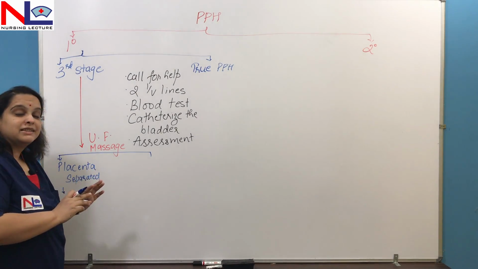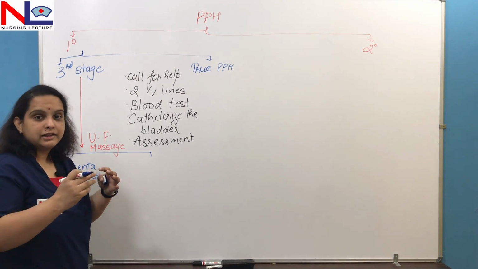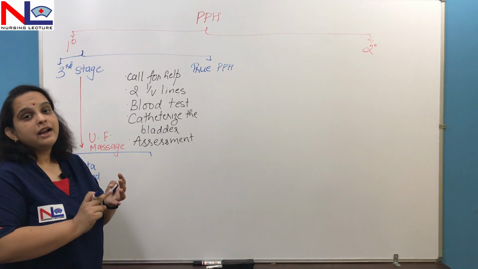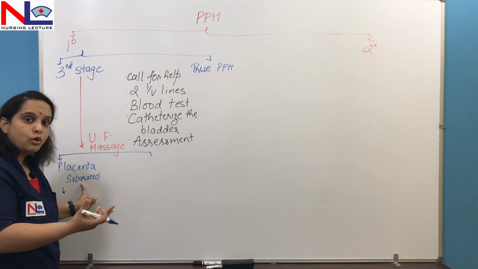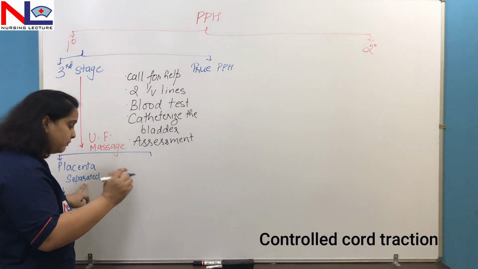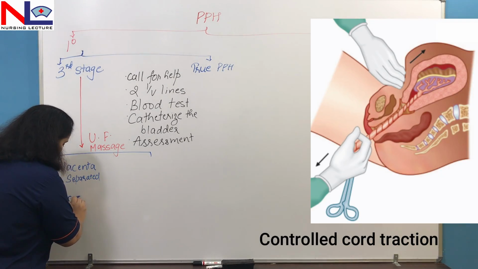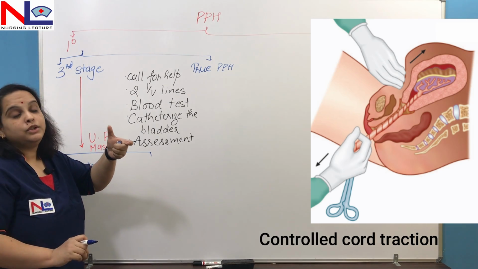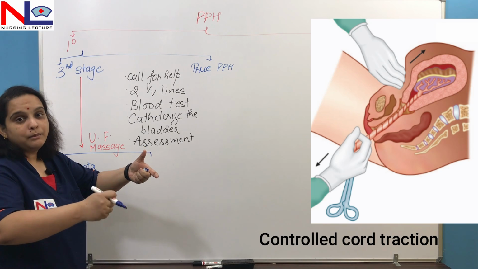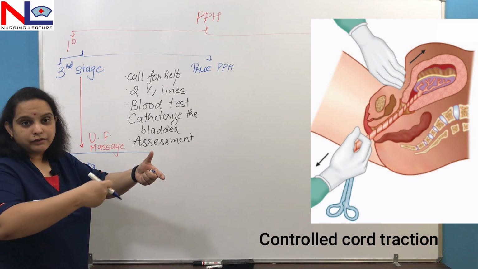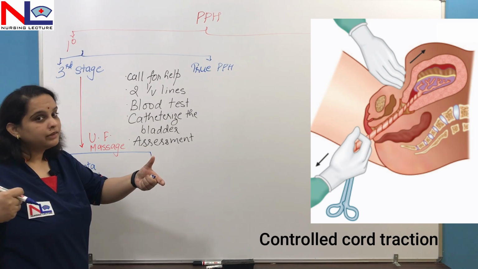But if the placenta gets separated, we can continuously infuse these drugs, especially the oxytocin, and once it comes down in the lower segment, from there we will perform CCT, controlled cord traction. It means when the uterus is contracting, at the same time we pull the cord, or give traction to the cord to expel it completely.